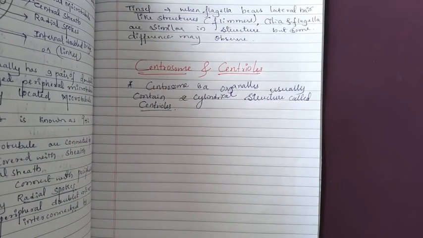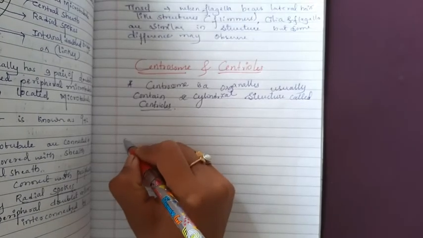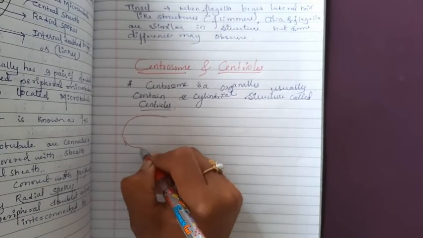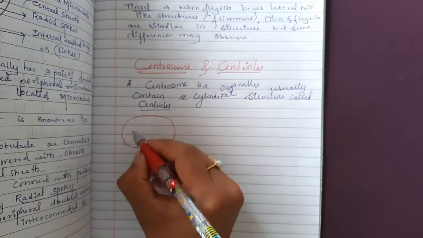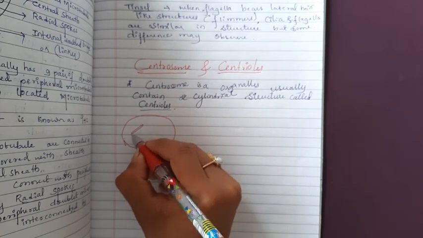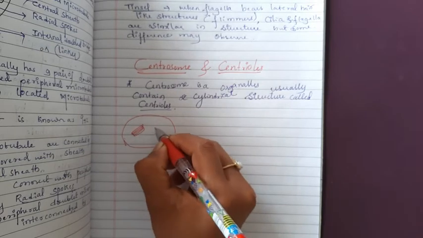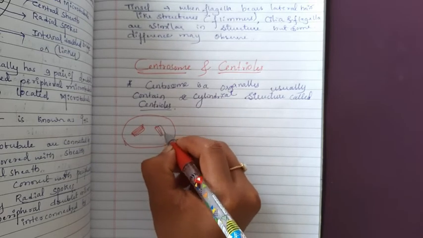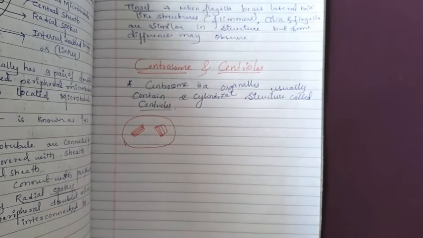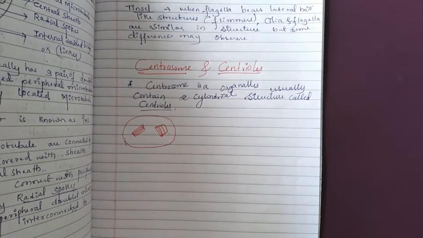Centrosome is an organelle, it's like this, which contains two cylindrical structures or the rod shaped structures known as centrioles. Centrioles are inside the centrosome. Usually two centrioles are present in one centrosome.